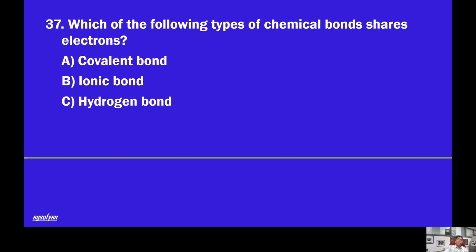Number 37. Which of the following types of chemical bond shares electrons? A. Covalent bonds. B. Ionic bonds. C. Hydrogen bond. Choose your answer. Yes, the one that shares electrons is called covalent bond, and this is a very strong chemical bond.